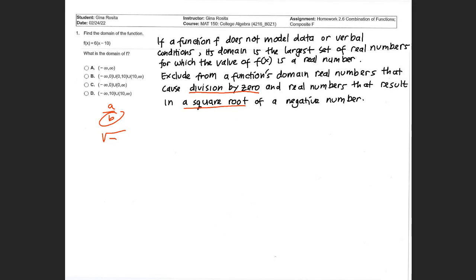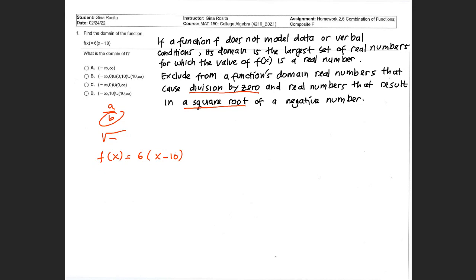So now look at the function: f of x equals 6 times the quantity x minus 10.